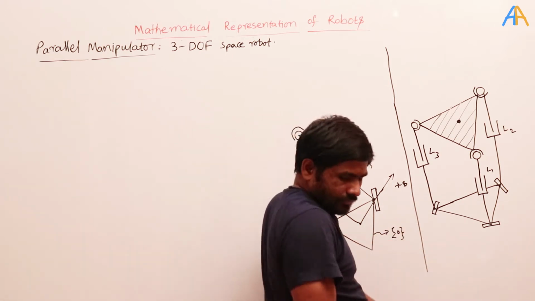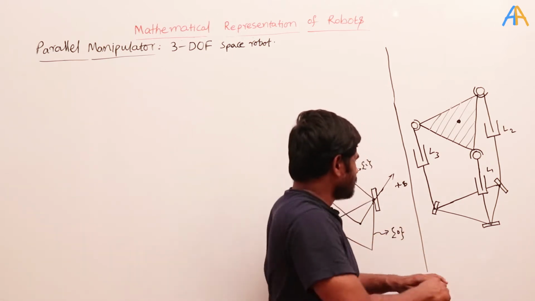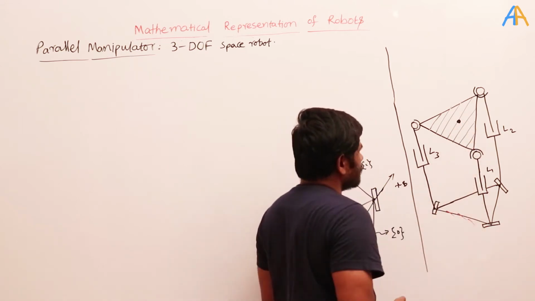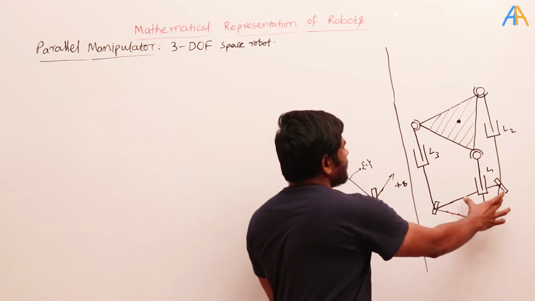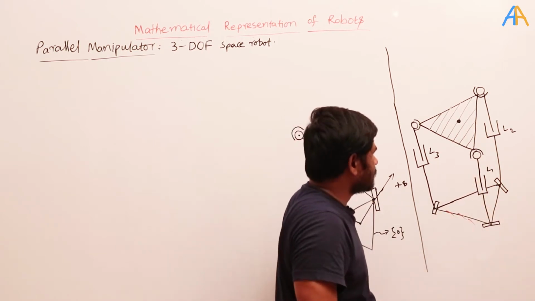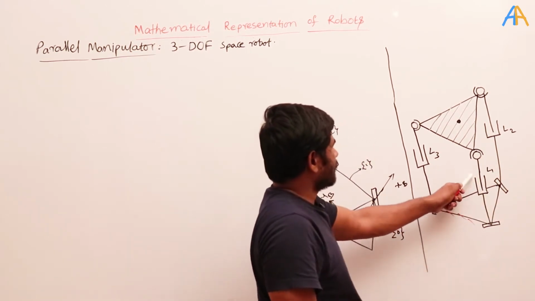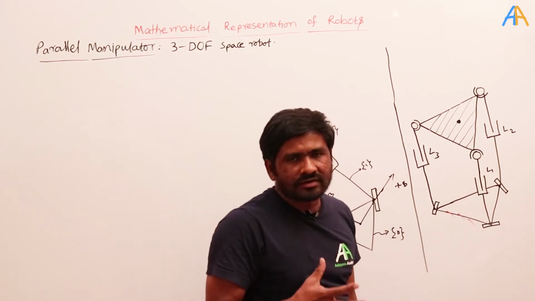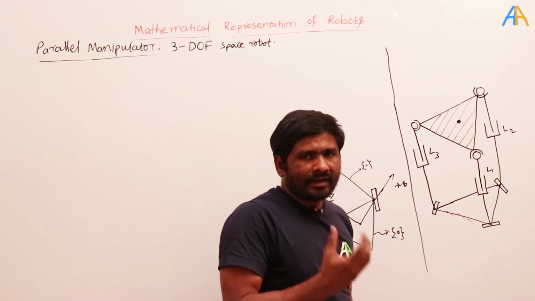See, this is the fixed base, and this is a moving platform, and the fixed base and the moving platform are connected with 3 legs. This is leg 1, leg 2 and leg 3, and each leg has the same type of joints and links.